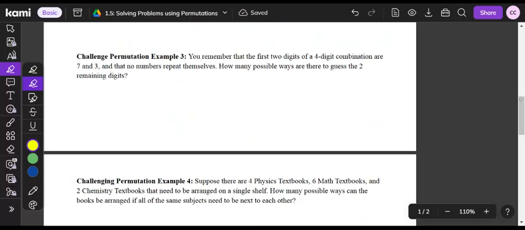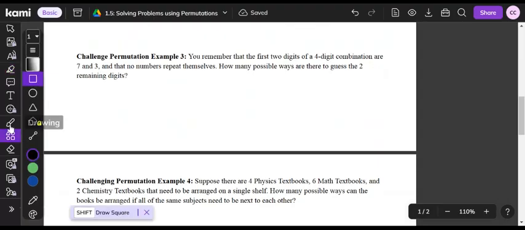It says you remember that the first two digits of a 4-digit combination are 7 and 3, and that no numbers repeat themselves. How many possible ways are there to guess the two remaining digits? All right, so I want you to go ahead and pause the video, see if you can do this one on your own. First I'm going to give you a little hint, right?